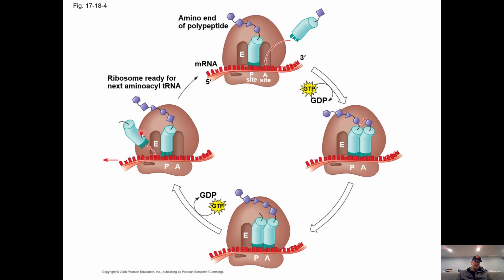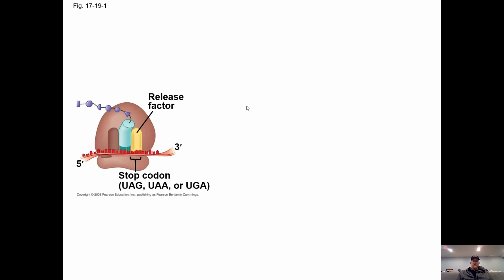Whoops. We've got an exiting of the transfer RNA, and it just keeps on going until we get to a stop codon. So the stop codon signals the system to stop.